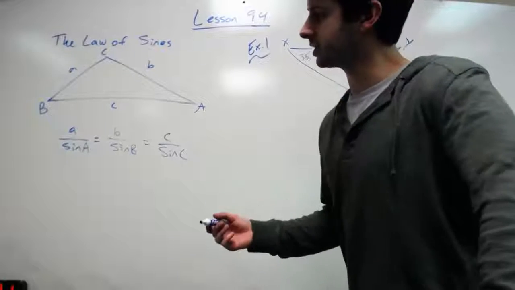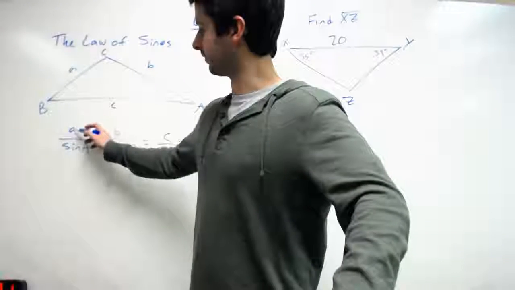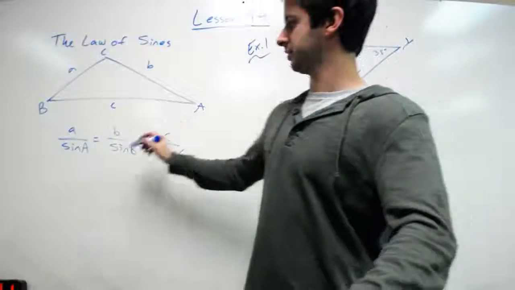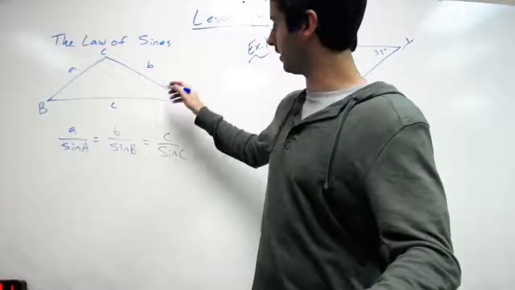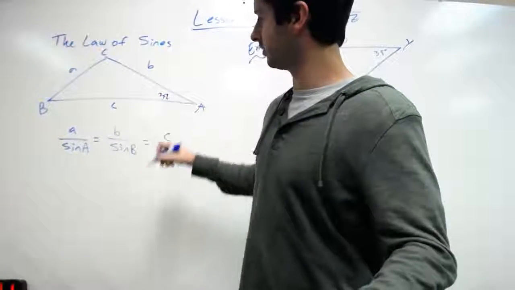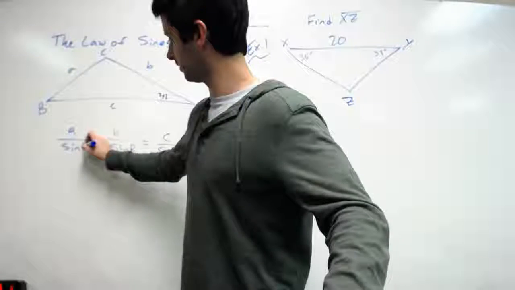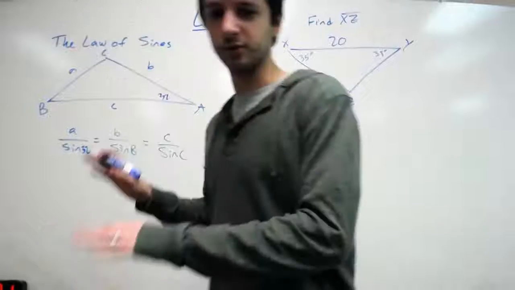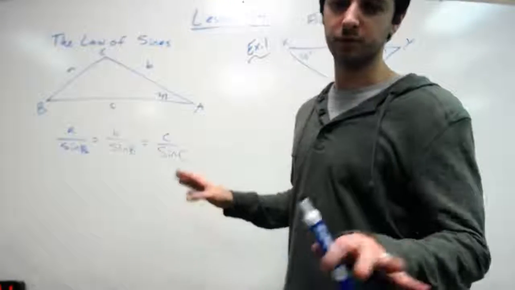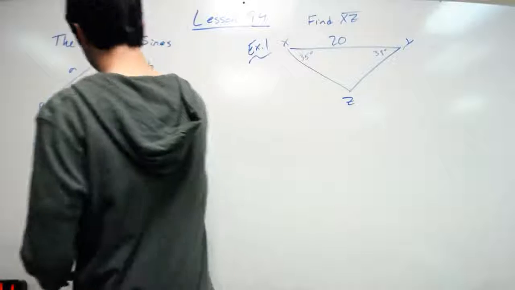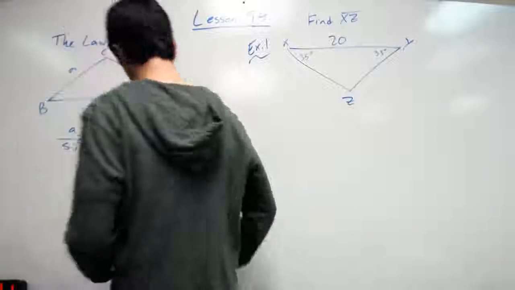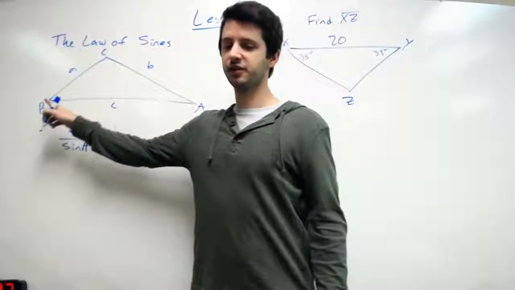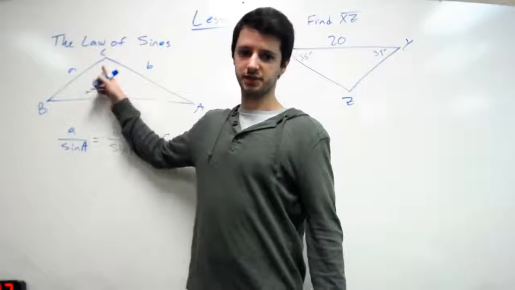Your ratio is little a, the side a, over sine of A. So say angle A was 32, then it would be sine of 32. I'm just throwing something in there, but that's what you would actually plug in for the letter. And then you would have b over sine of B, and then c over sine of C.